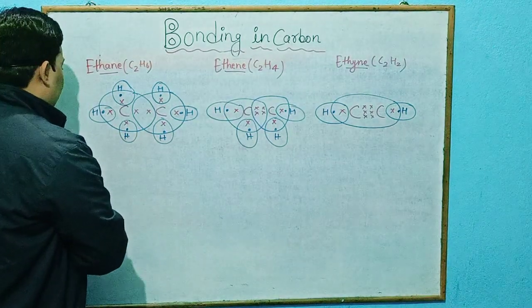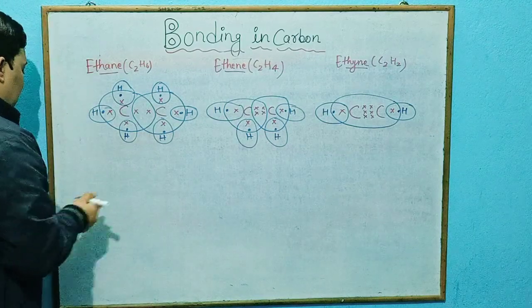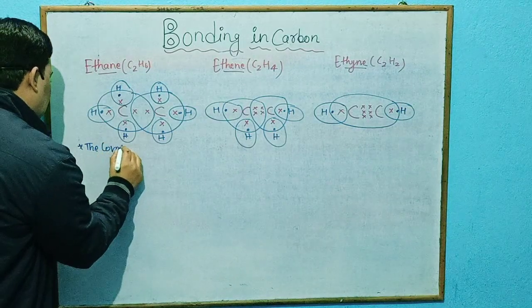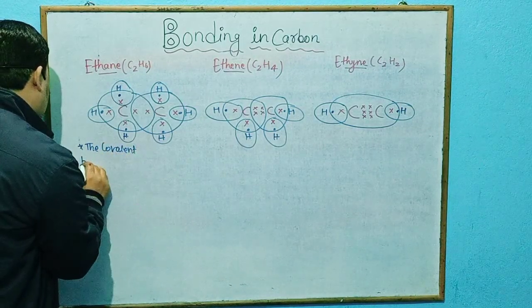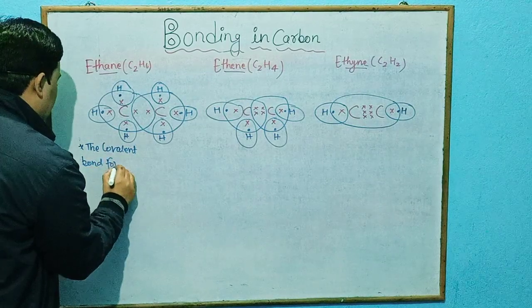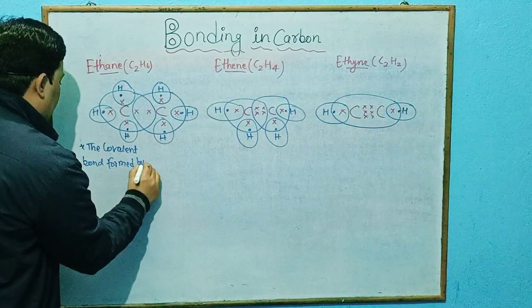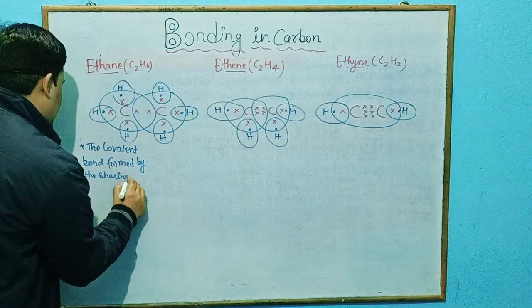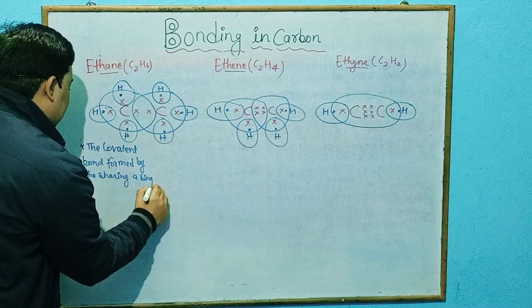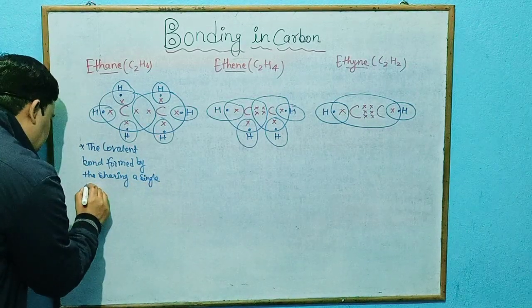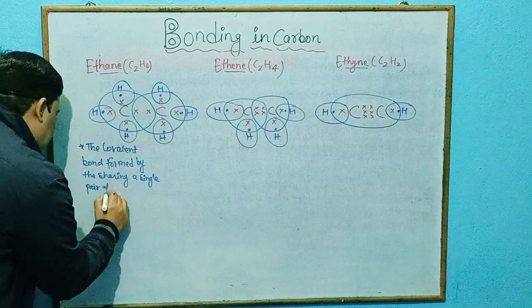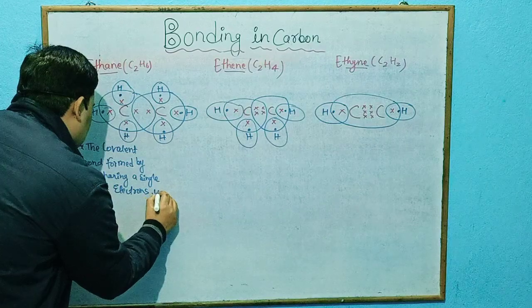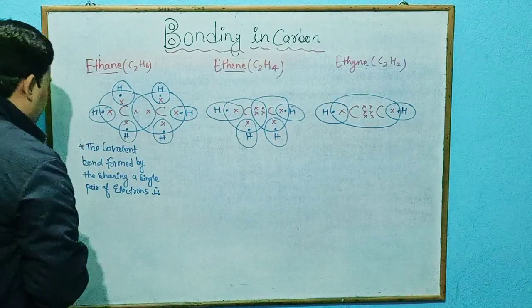And this type of covalent bond, the covalent bond formed by the sharing of a single pair of electrons, is called a single covalent bond.